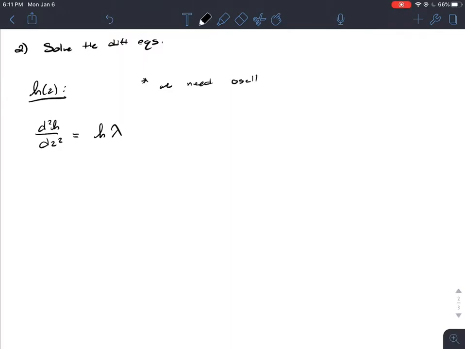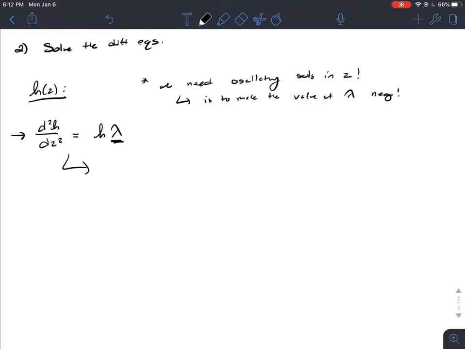We need oscillatory solutions in Z. So therefore, the only way to force these oscillatory solutions with this differential equation is to make the value of lambda negative. So we're going to make lambda a negative number.